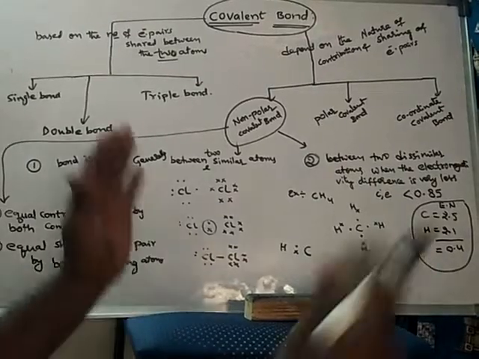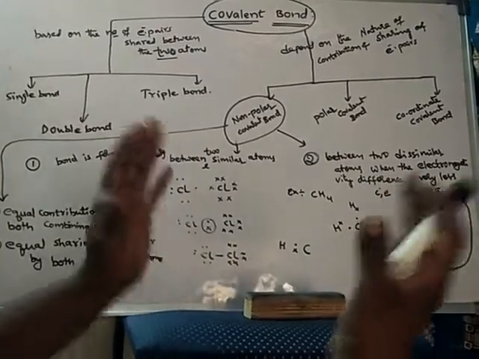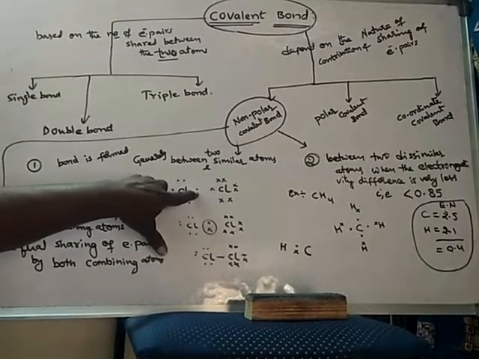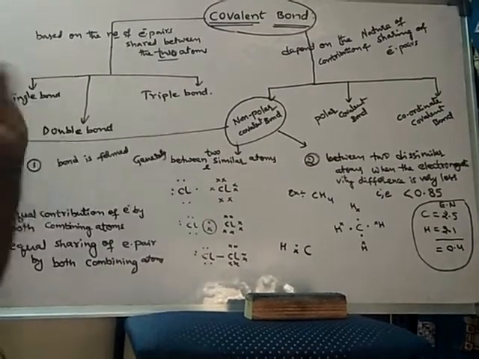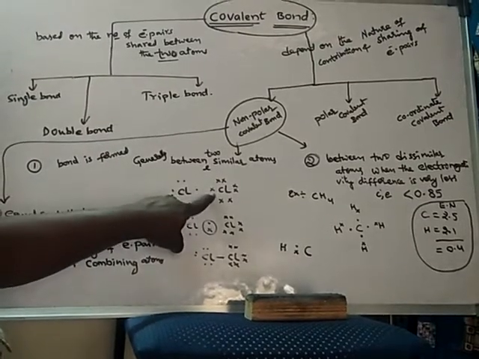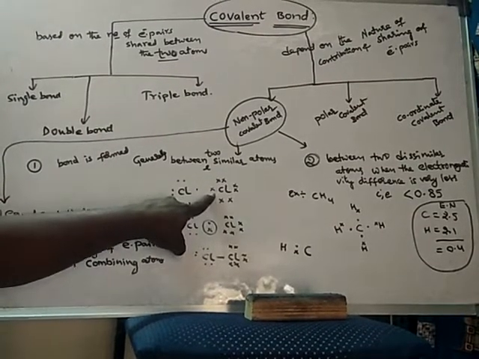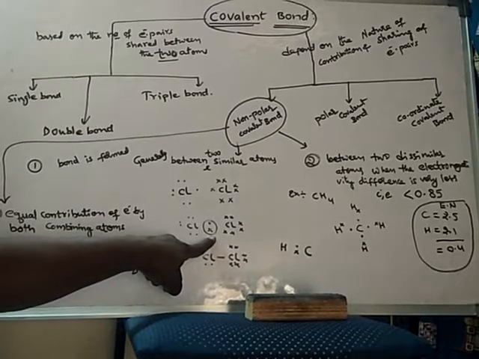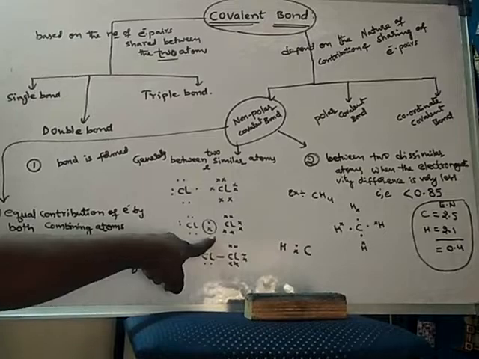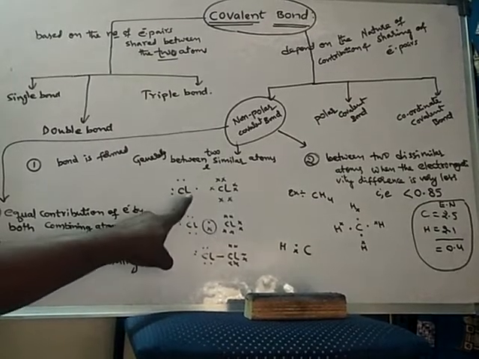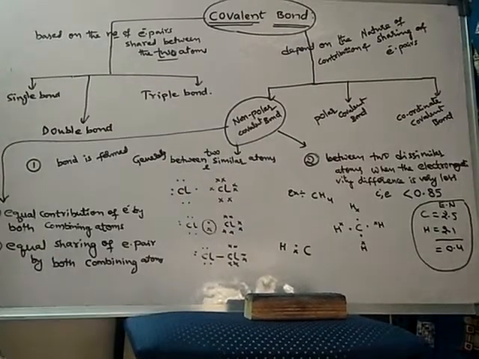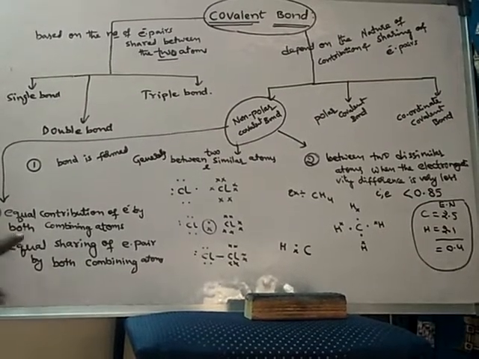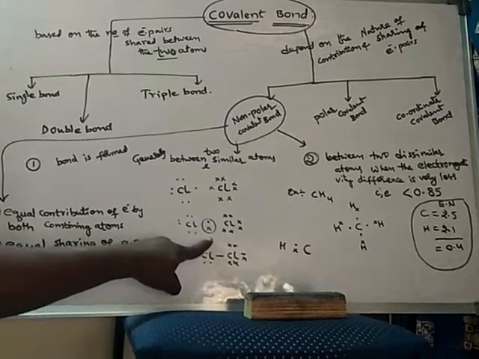When these two atoms come closer, this chlorine will contribute 1 electron, and this chlorine also gives 1 electron for the formation of this pair of electrons. This pair of electron is formed due to contribution of both the chlorine atoms, 1 electron each. That means equal contribution of electron by both combining atoms is taking place.